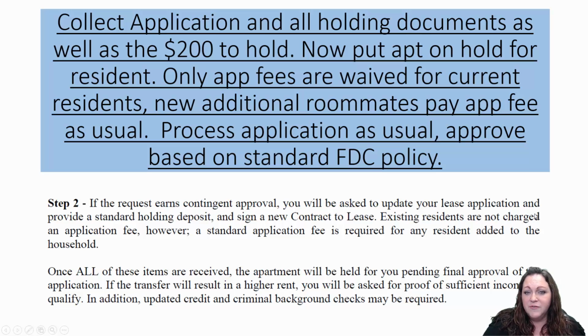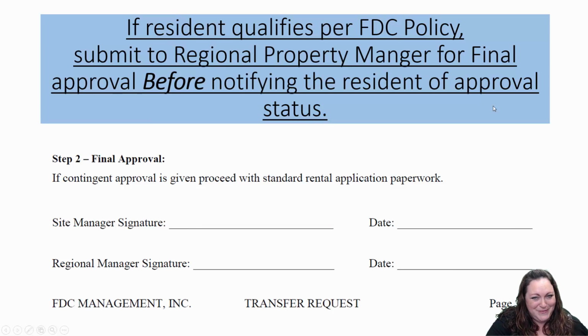Now, we do waive application fees for transfers. However, if they are adding an additional occupant to their household, they will need to pay the $40 for the additional occupant. Otherwise, you're going to process their application as you would any other resident, approve them based on the standard FTC approval policy, and submit to your regional manager for approval.